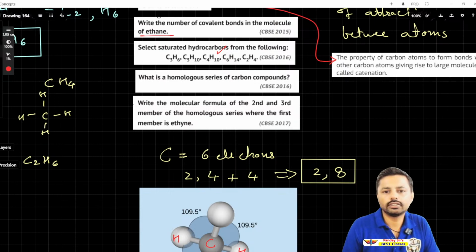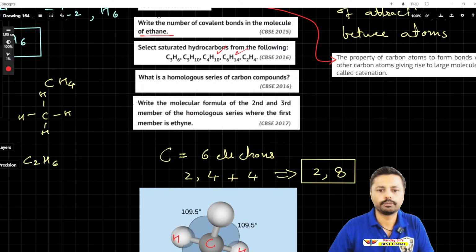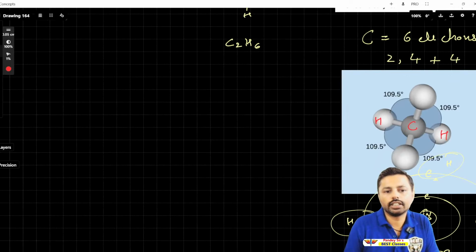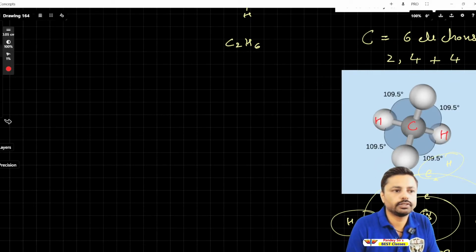And then C6H14. I'll say quickly how. C4H10 you already saw. Now C6H14. So 6 carbons: 1, 2, 3, 4, 5, 6, with single bonds between the carbons.